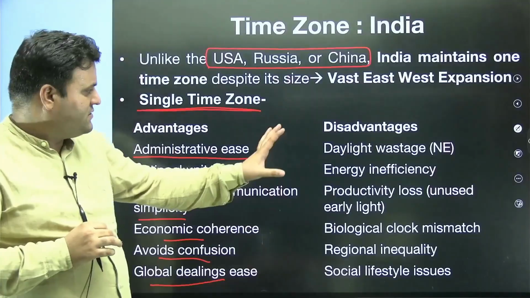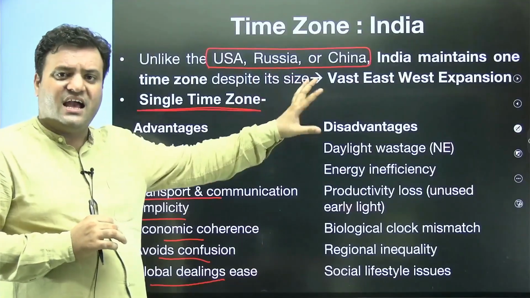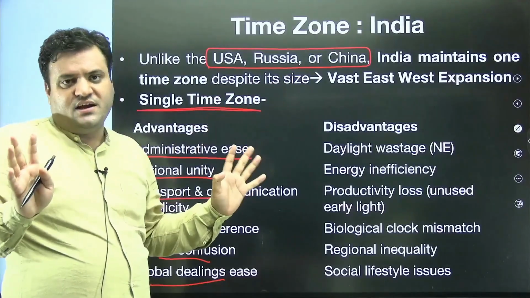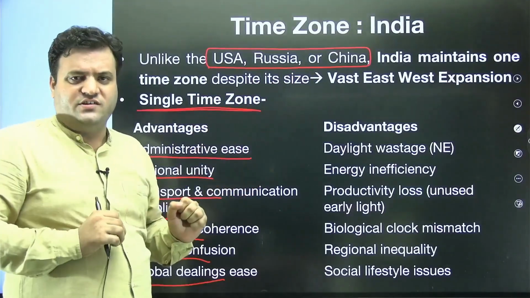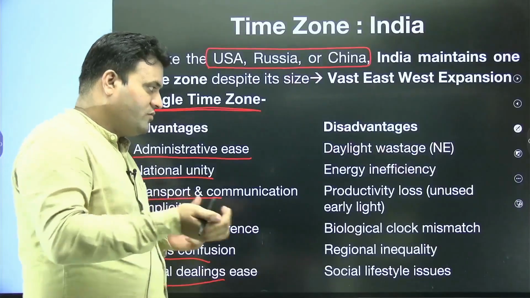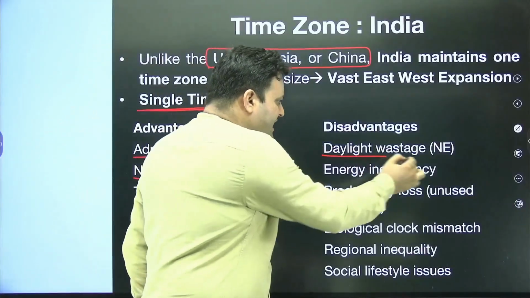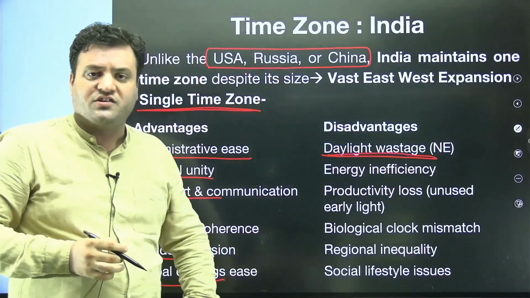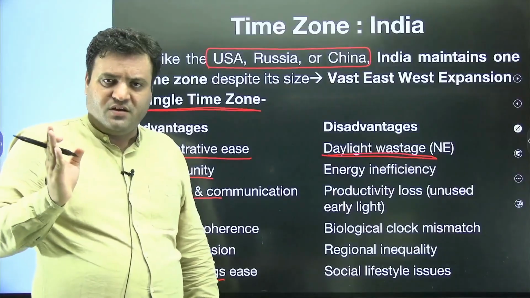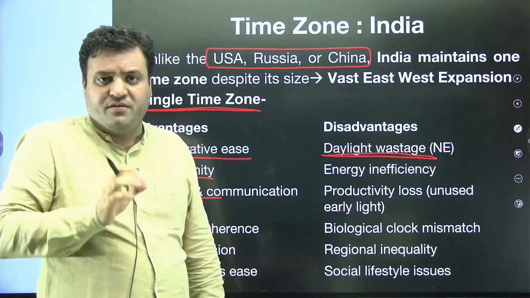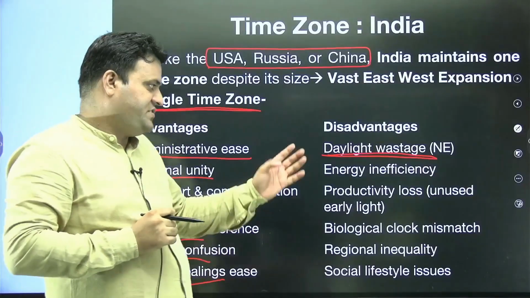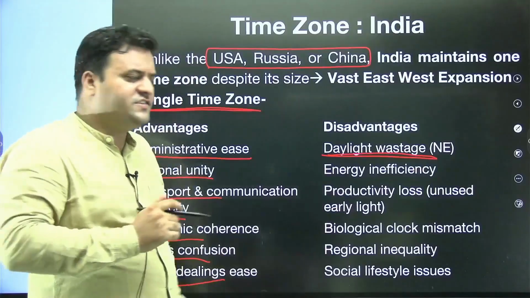Now when countries like India have a vast east-west expansion, and if we do not have a single time zone, there are certain disadvantages. Let's see what are the disadvantages. I told you, first of all, we have daylight wastage, especially in the northeastern part of India, because of the synchronization of the office timing with respect to the national capital. There is a wastage of daylight. Energy inefficiency is also there.